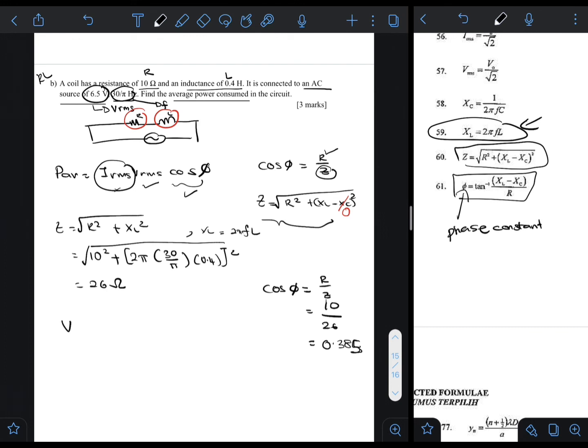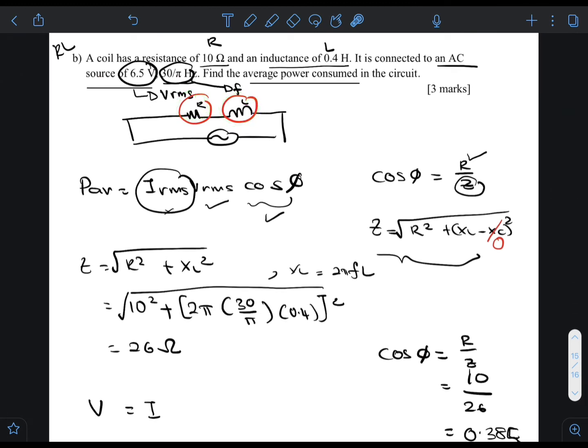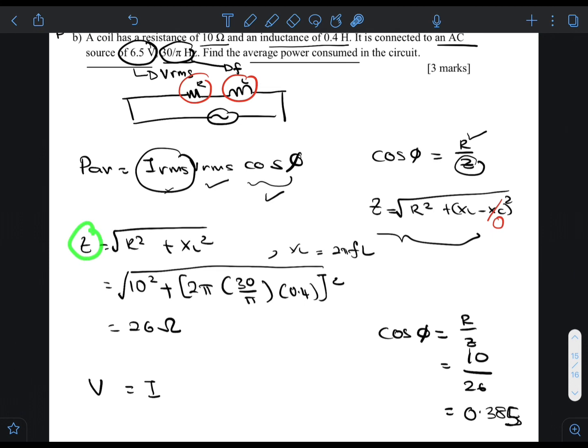Okay, untuk dapatkan I RMS, kita akan guna equation basic dekat sini, iaitu Ohm's law, V is equals to IR. To use V equals to IR, R adalah bila kita hanya ada resistance sahaja yang akan oppose current. Tapi dalam circuit kita ada resistance dan juga inductor yang akan oppose current. So ada dua komponen yang akan melakukan opposition of current, maka the total opposition here is the impedance.